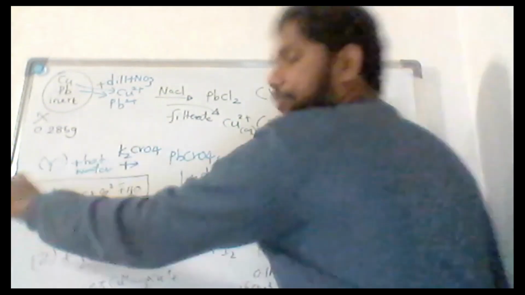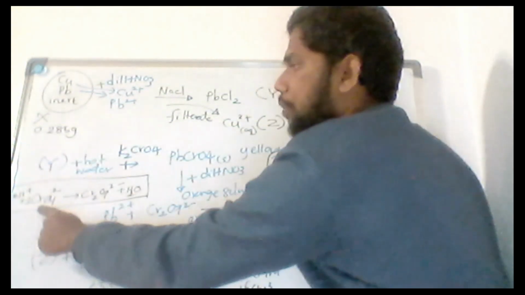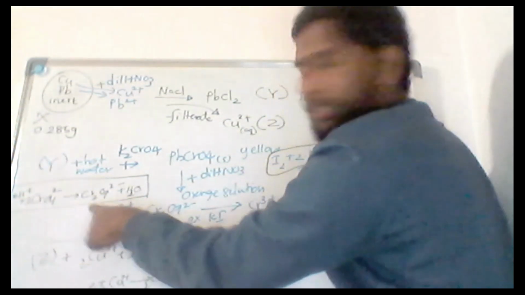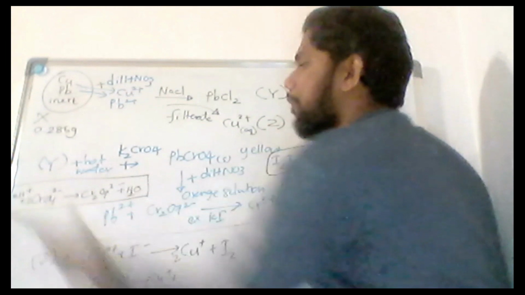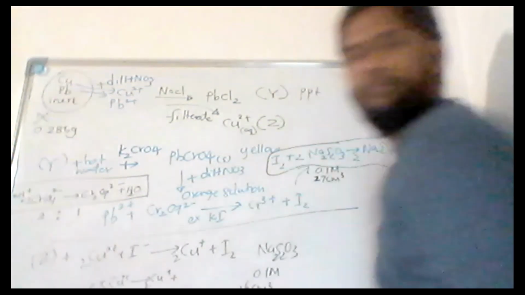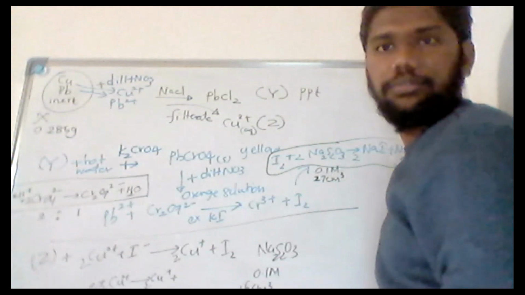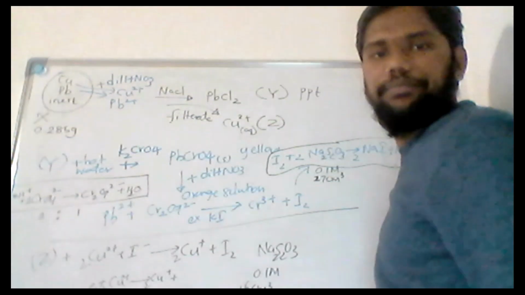So this equilibrium will exist there, right? 2H+ plus 2 chromate giving dichromate and water, right? So there is a stoichiometric ratio between chromate and dichromate of 2:1. Okay, so 2 chromates combine to give 1 dichromate.